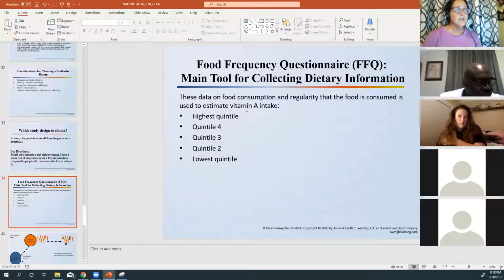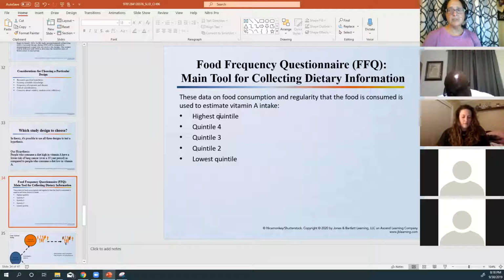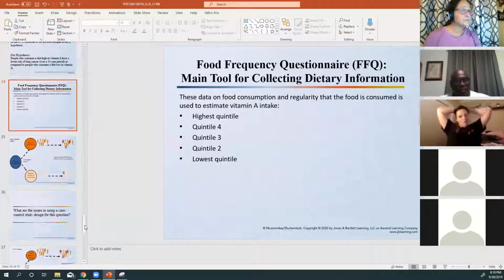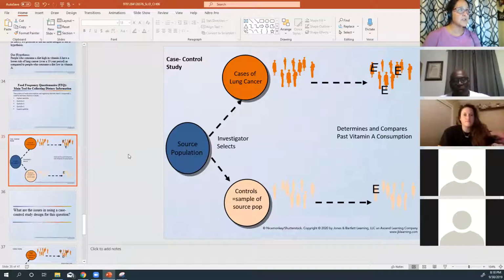Usually it's analyzed by people who are registered dietitians, but people will write down the food that they consume every 24 hours, and by looking at what you consume, they can determine how much vitamin A you're consuming. That's why you usually have a registered dietitian doing it. I wouldn't want to do that. But anyway, that is measurable, and you have your exposure.